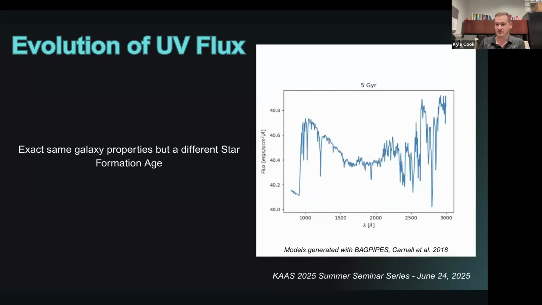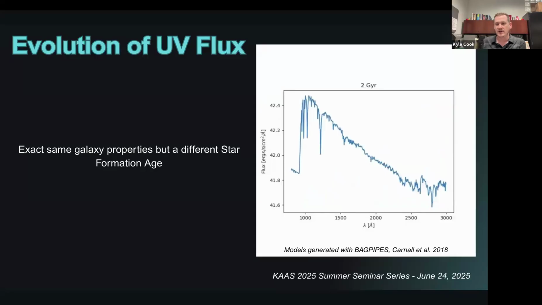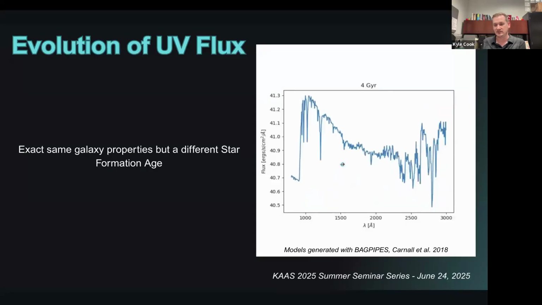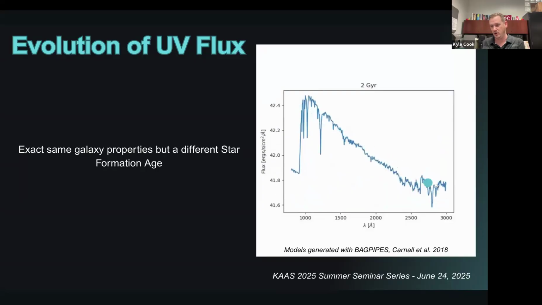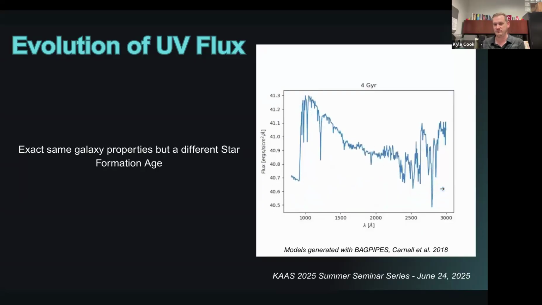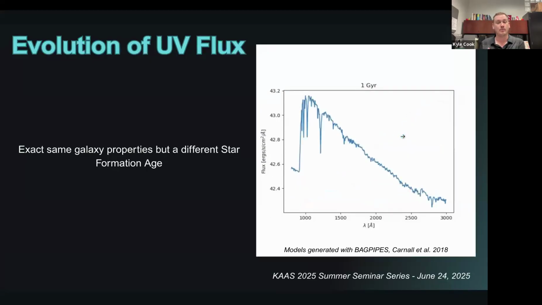So you see the emergence of spectral lines as we go to a higher star formation age. The other thing I want to point out here is that you see this significantly changing the relationship where we go from basically negative slope all the way through the UV ranges to an overall more positive slope as our more massive stars die off.